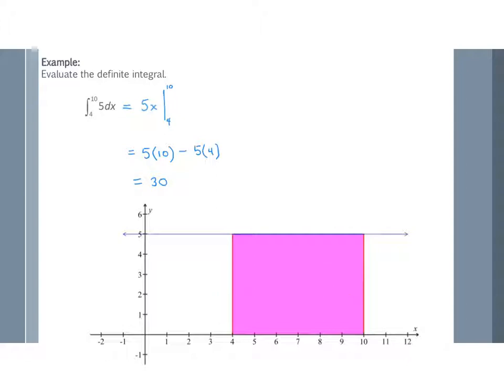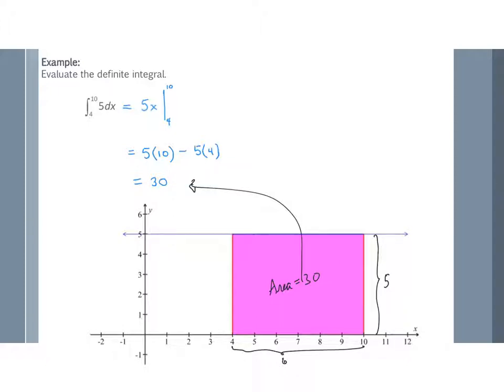So, what is this area? Well, this is a rectangle of height 5 and width 6. So the area is 30, which corresponds to the definite integral's value.